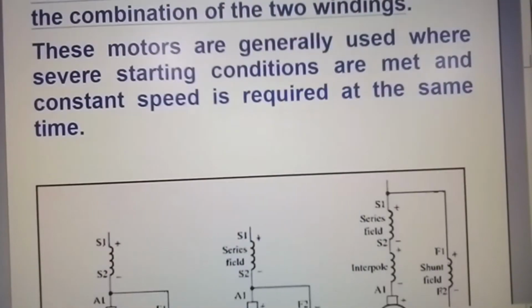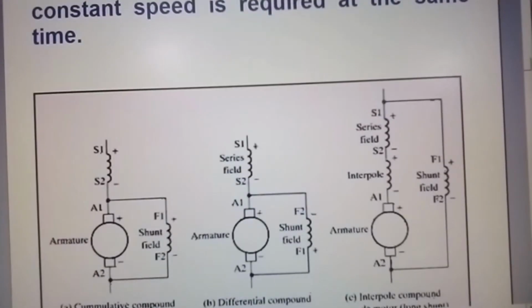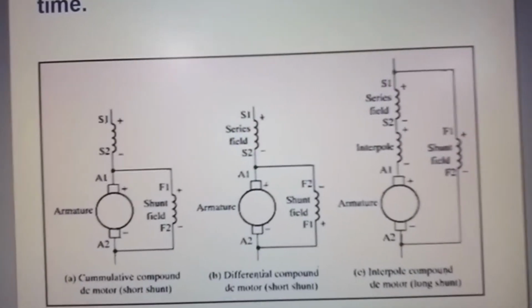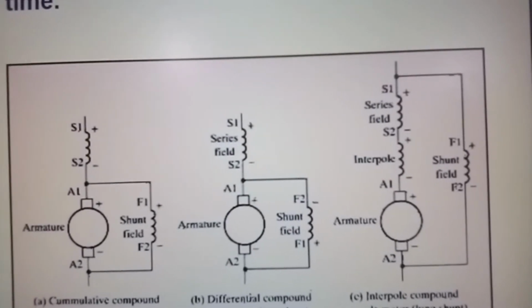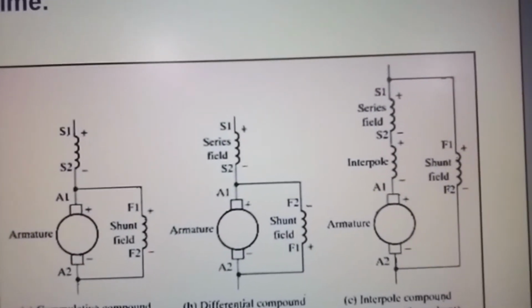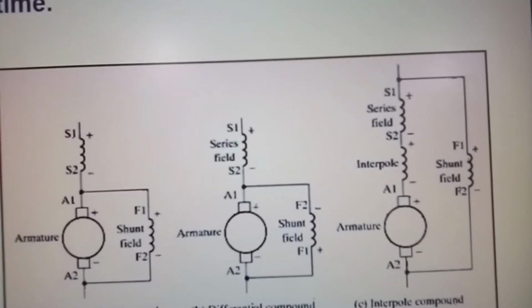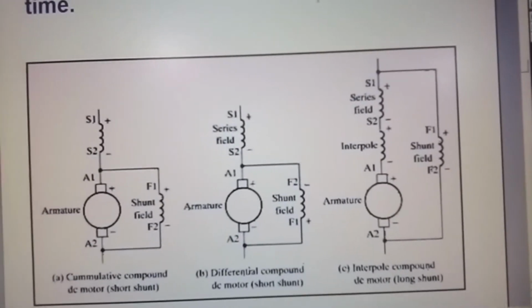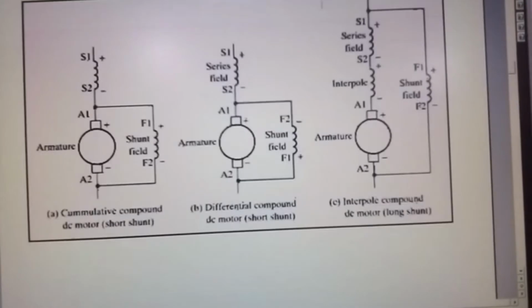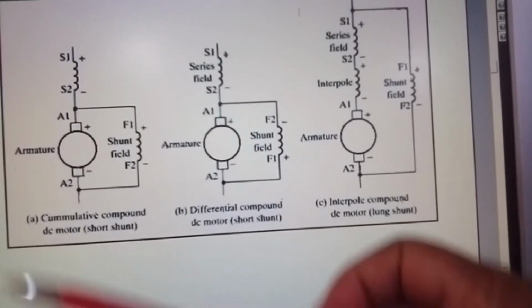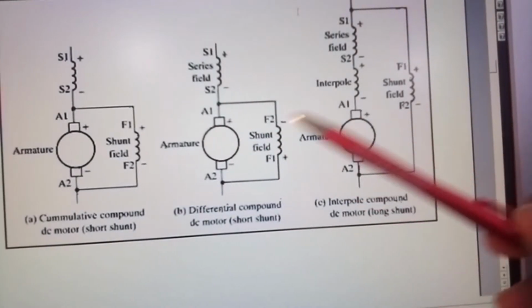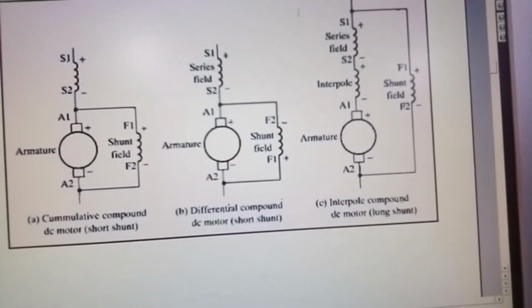Okay, and here's a picture showing you the various types. Now remember, these diagrams you should be drawing out for yourselves so you're familiar with the wiring system on them.